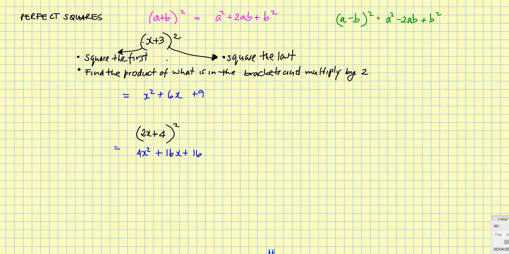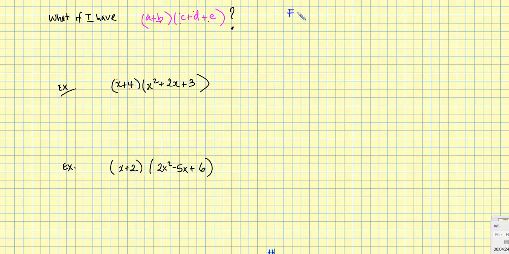Now, this takes us to the next section that we're doing. This next section asks, what if, rather than having two binomials, we're multiplying a binomial with a trinomial? Or what if we were multiplying two trinomials? What would happen? Well, we would just perform the FOIL process. The FOIL process really just means that every term in the first parentheses is going to get multiplied by every term in the second parentheses.